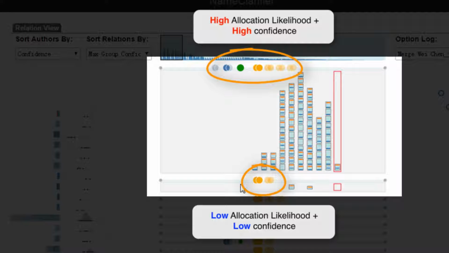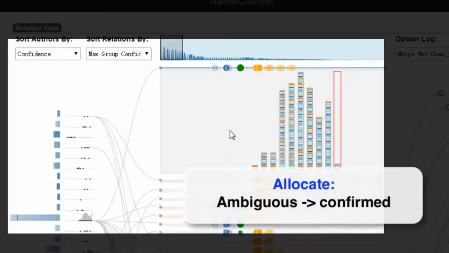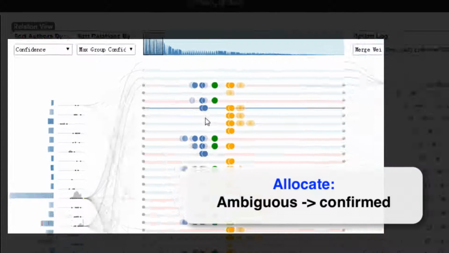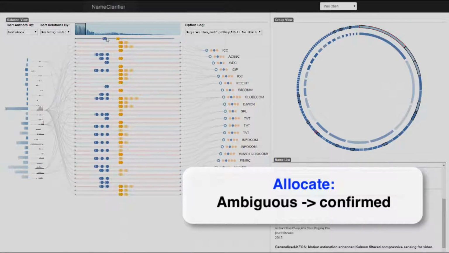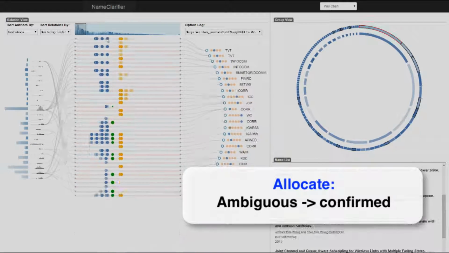This means the paper has a very high allocation likelihood to the corresponding confirmed author group with fairly good co-author value confidence. Therefore, the ambiguous paper is a good match to the confirmed author, and we put it into the group. We also process other similar cases quickly, and we can see the views are all updated after each process.